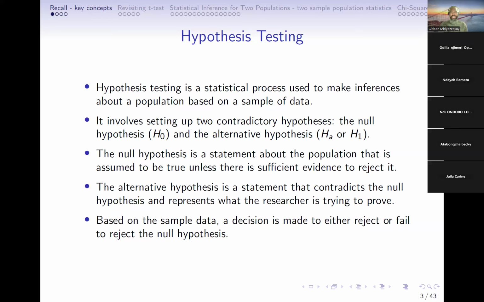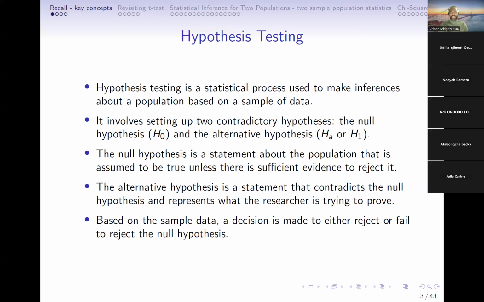And to do this, we sometimes set up a hypothesis, which we call a null, and an alternative hypothesis, which I also expect you to understand. These are usually contradictory, which means that one statement says something and the other statement tries to verify the opposite. And then we try to look at what the evidence in the sample supports.